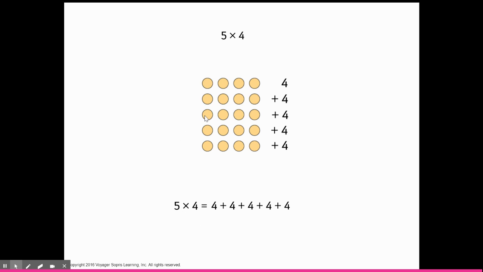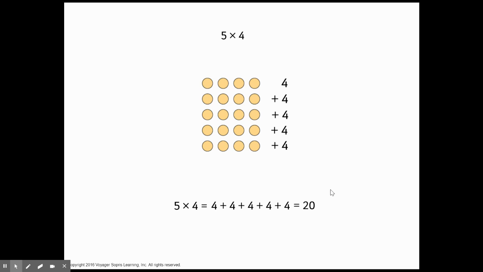So the multiplication problem, 5 times 4, is the same as 4 plus 4 plus 4 plus 4 plus 4, which equals 20. You can also count all of the circles in the model to get the same answer of 20.